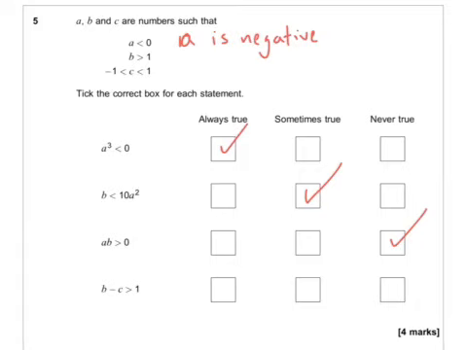But if B is, say, 2 and C is 0, it can be 0, couldn't it? That would be greater than 1. So we can come up with examples for both. So the best way of doing that, in a rather garbled way, as I've said, is to try some numbers.